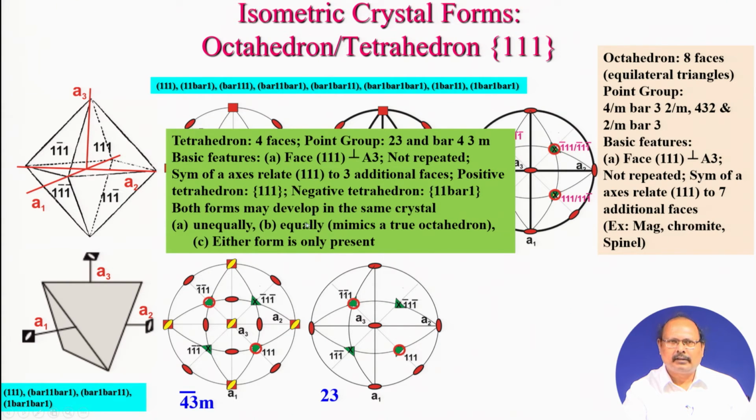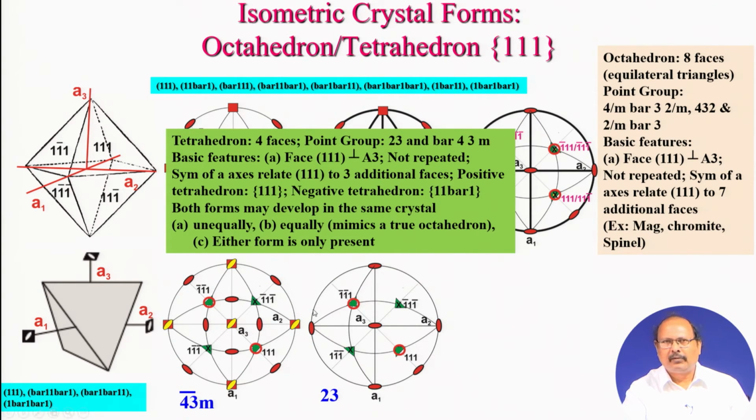The other possibility is that both the forms are developed equally and they mimic a true octahedron here, and the other possibility is that only either of the two is present in a crystal, either a positive tetrahedron or a negative tetrahedron here.